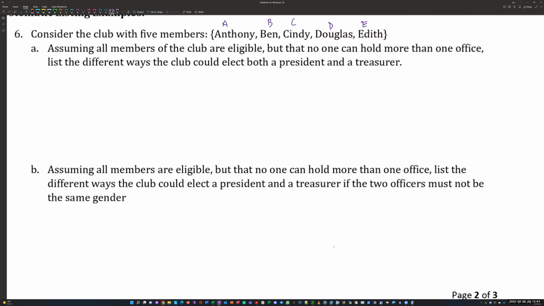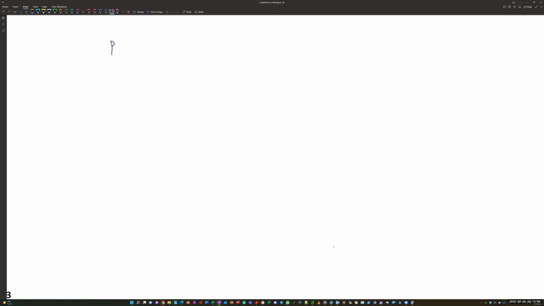All right, so let's pick the president first. The president could be either A, B, C, D, or E. Is that correct?